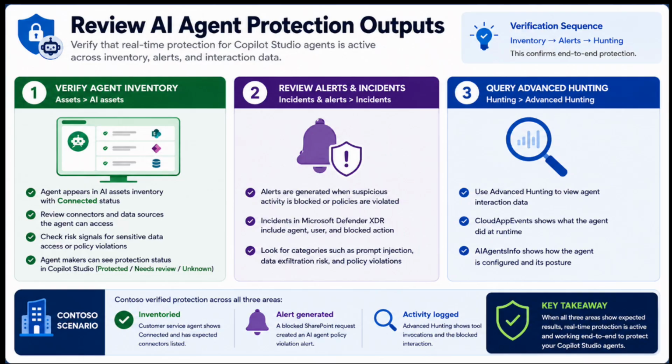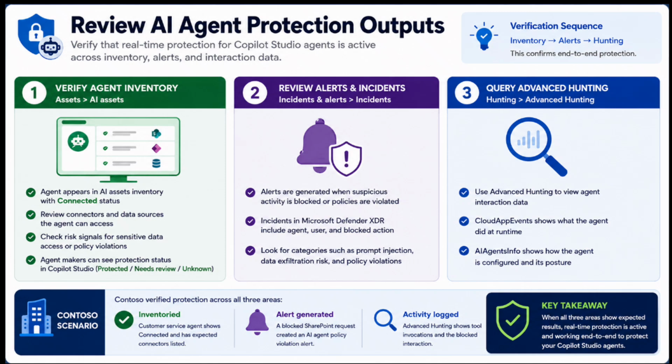For the last objective of this module, keep in mind that after enabling real-time protection for Copilot Studio agents, the next step is to verify that the protection is working end to end in the Microsoft Defender portal.